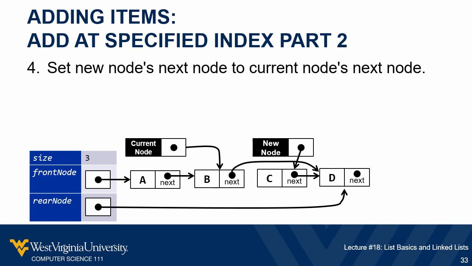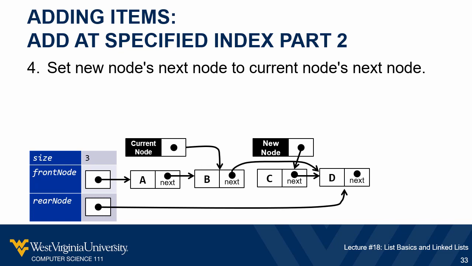Once we have our current node advanced so that it's pointing at the node that will be immediately before the new node that we're inserting, we're going to go and take that new node and we're going to set its next node to be what current node is pointing at as its next node.